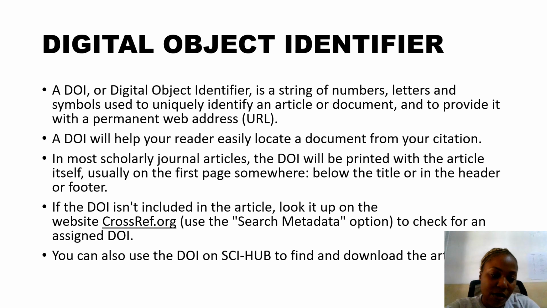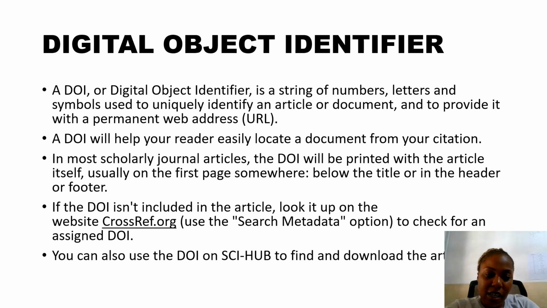Then the last but not least is the digital object identifier, DOI. People call it DOI. It's a string of numbers, letters, or symbols used to uniquely identify an article or a document and to provide it with a permanent web address or URL. So a DOI will help your reader easily locate a document for your citation.